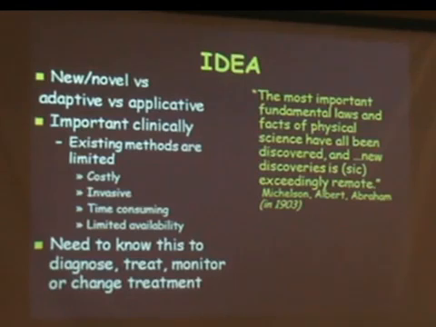But the critical need is that what we do now is not good enough. Sometimes there's nothing that we do now. When CT first came around and they were looking at brain tumors, there was nothing that we could do to see brain tumors. So sometimes the need is there because it's completely blind to us.